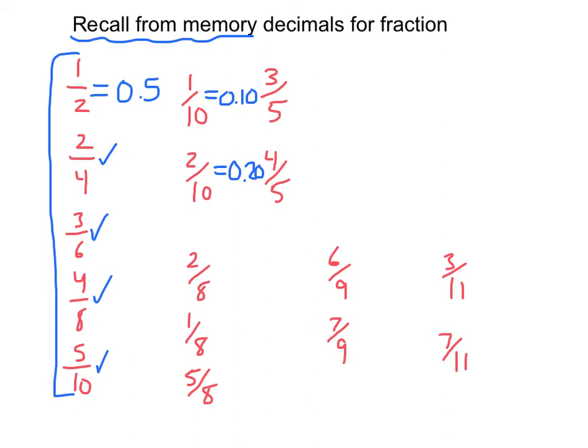3/5 and 4/5 can easily be rewritten as tenths. So 3/5, if I rewrite it as an equal fraction by multiplying it by 2, is 6/10. And 6/10 is 6 dimes or 0.6. 4/5 is 8/10.